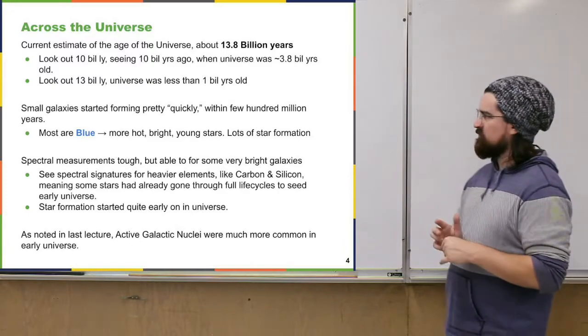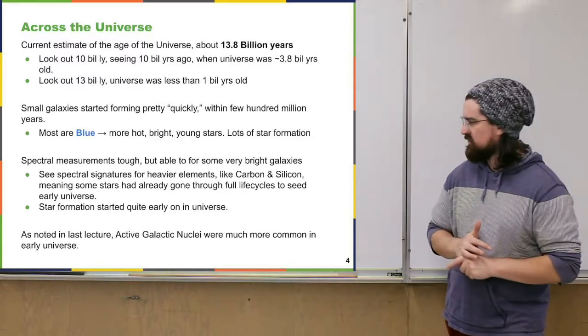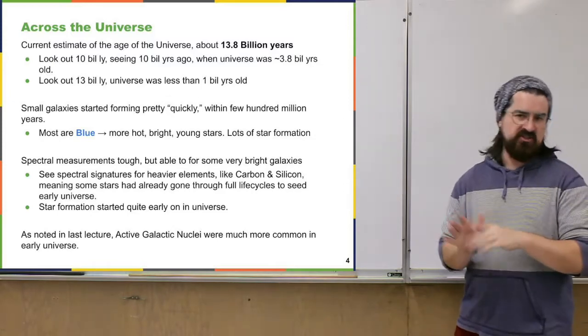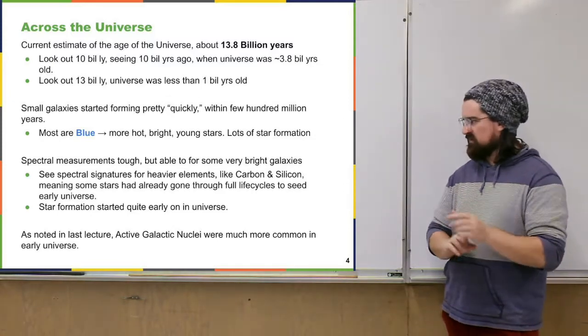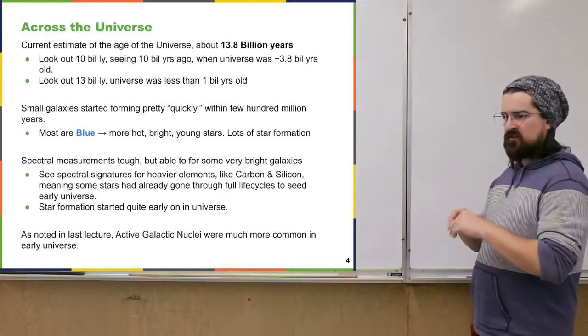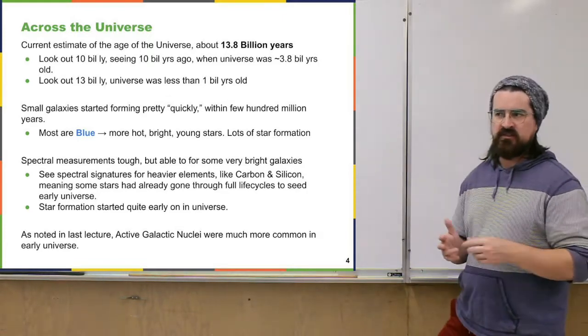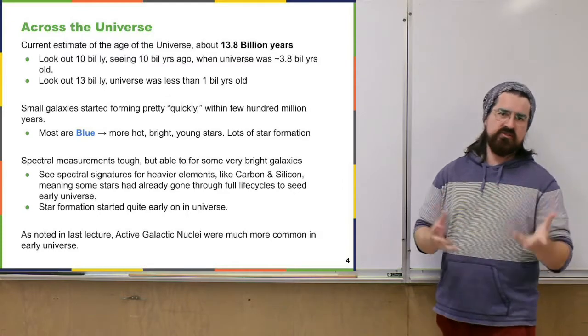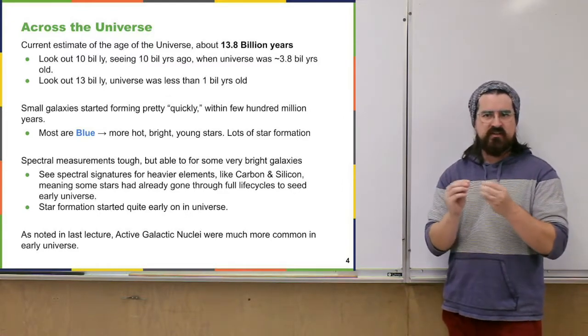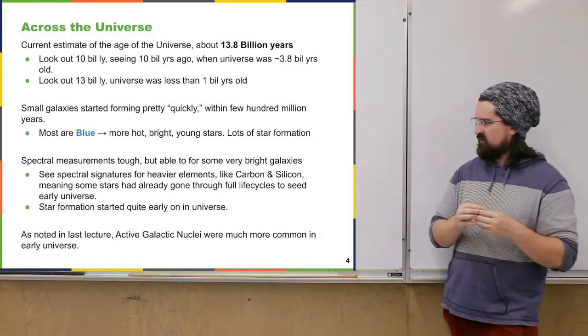Well, even within a few 100 million years, we see spectral signatures for heavier elements than just hydrogen or helium. Things like carbon and silicon. And if you recall, making heavier elements is a process that stars do, right? Throughout their lifetime, they'll fuse lighter elements together to make heavier elements.